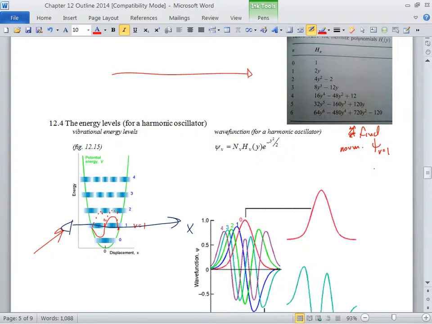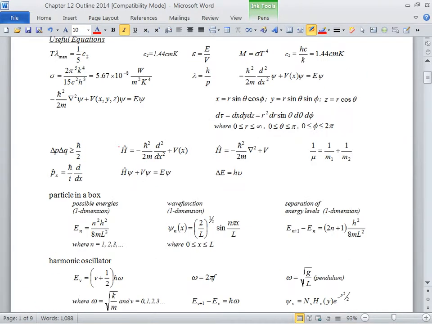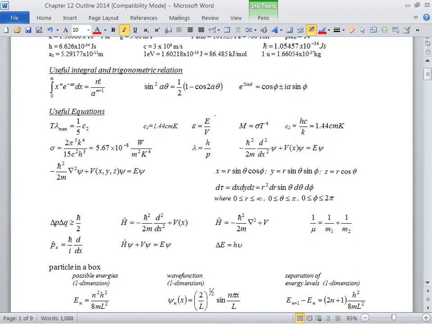And then you have a y squared times e to the minus y squared. Don't let that scare you. We've done those integrals. Here. These integrals are awesome because notice how your limits are taken care of for you. You just do n factorial over a to the n plus 1. So those are nice integrals.